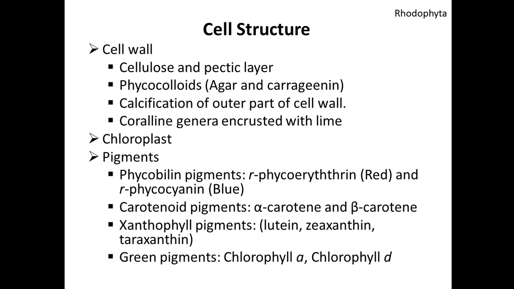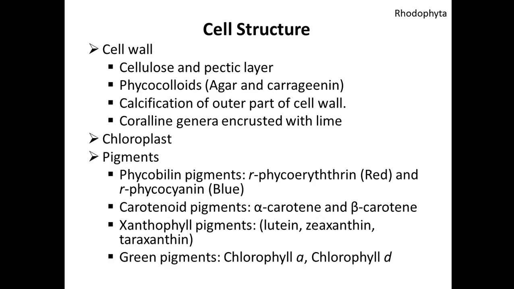As we discussed earlier, the red algae have their characteristic red color, and this is because of the presence of accessory phycobilin pigments, and they are generally the R-phycoerythrin, which is of red color, along with that of R-phycocyanin, which is of blue color. So red algae contain B-phycoerythrin, phycocyanin and C-phycoerythrin also.